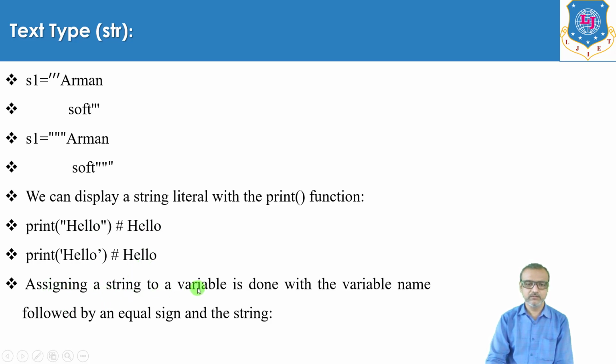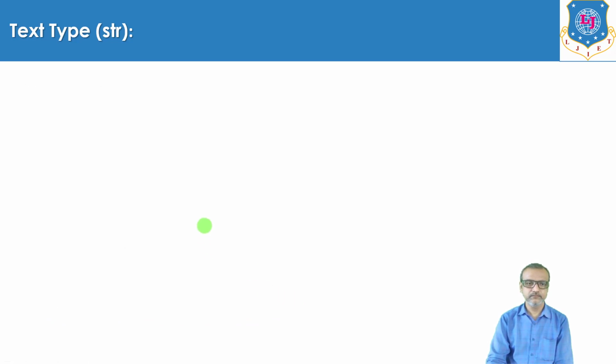Assigning a string to a variable is done with the variable name followed by an equal sign and the string. How? I will just make you understand with the help of example. See, we have written over here A equals to Arman in double quotes.